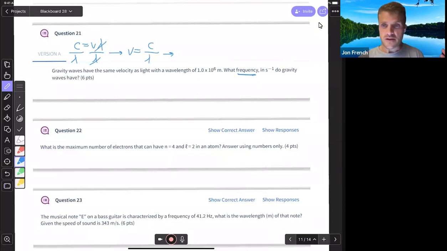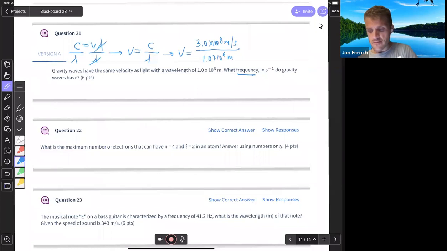Speed of light's already in meters, so I don't have to do any unit conversions there, right? Frequency equals 3 × 10⁸ meters per second. That's my speed of light divided by my wavelength of 1 × 10⁶ meters. All right, so meters cancel out, and what is that?